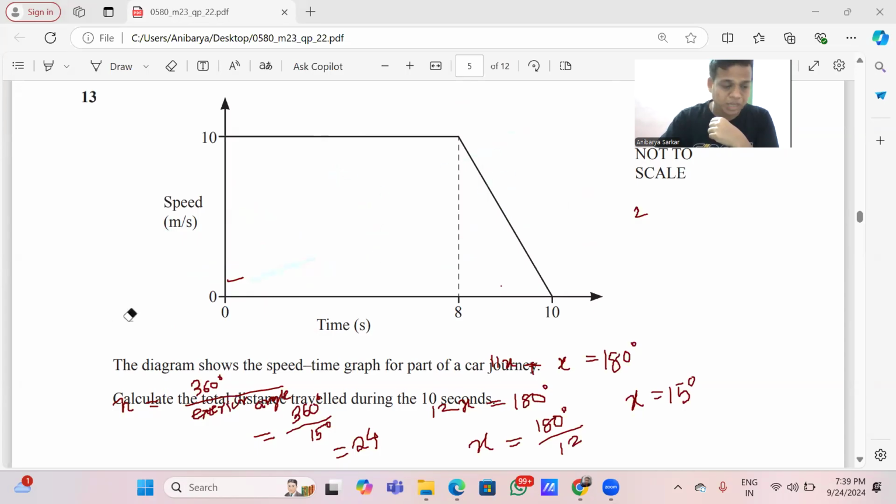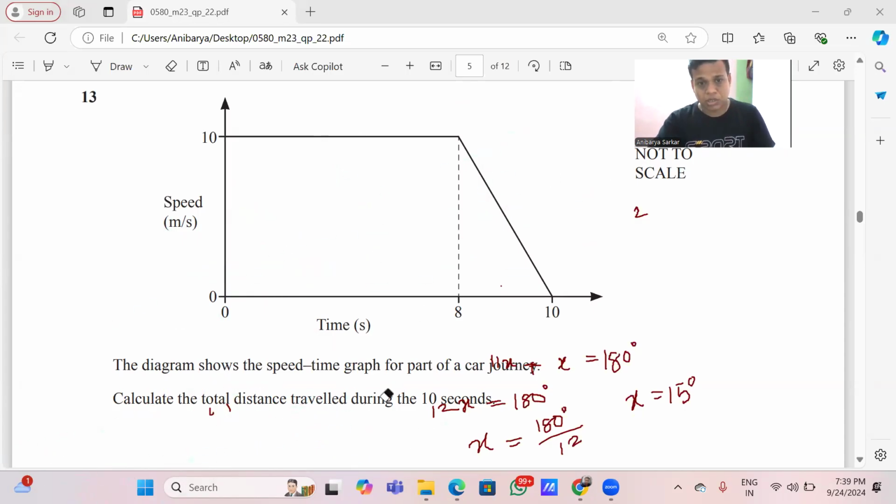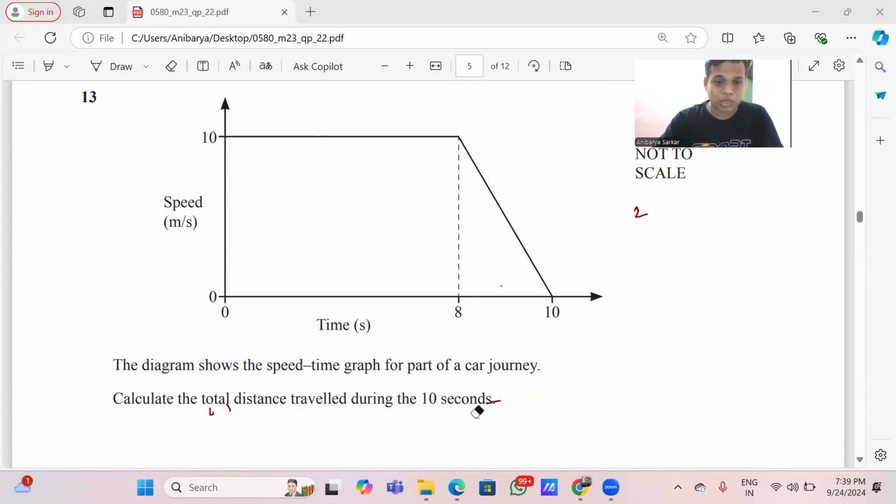Hope you all know how a speed time graph works. Now, we have to find the total distance traveled by it. Whenever they ask to find the total distance traveled during the 10 seconds, that means we have to find the area of the diagram.